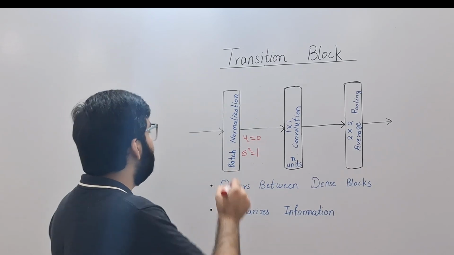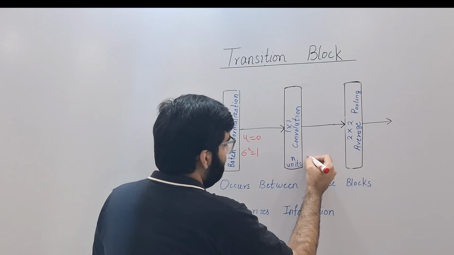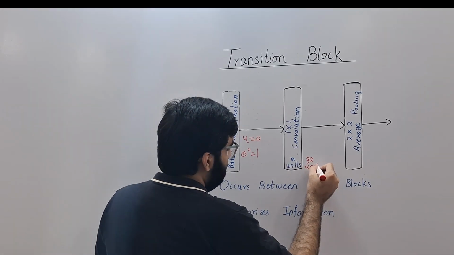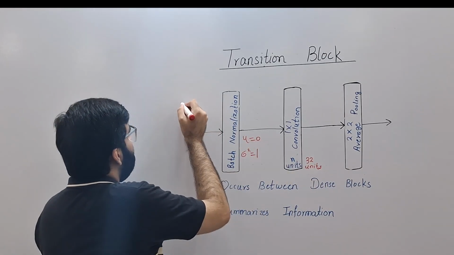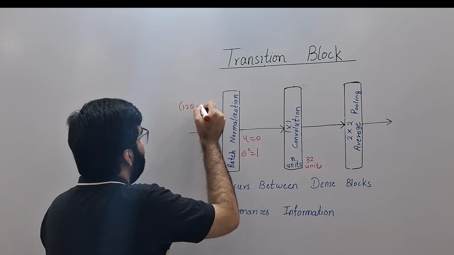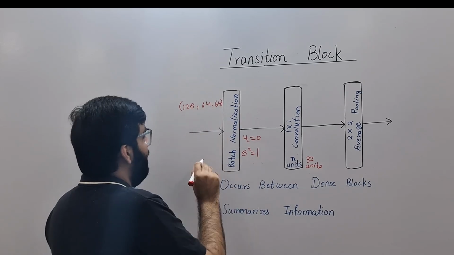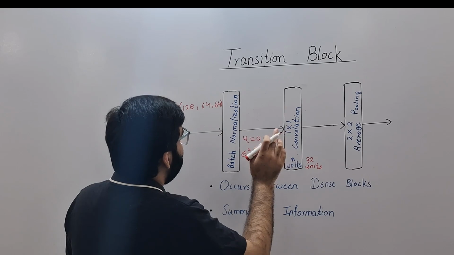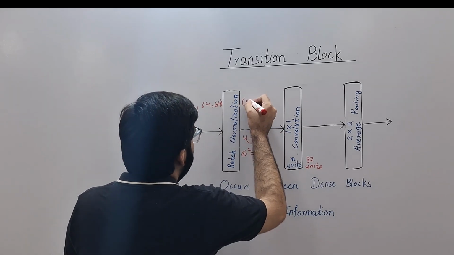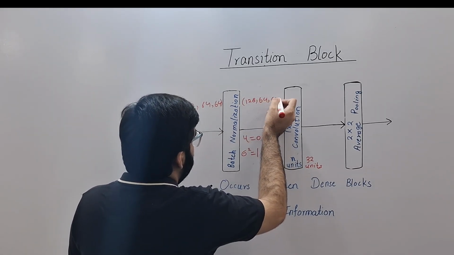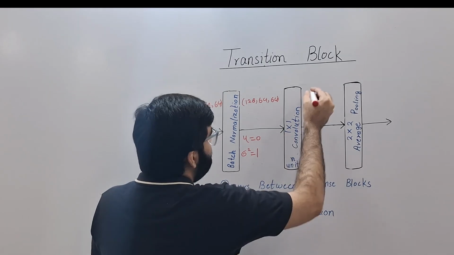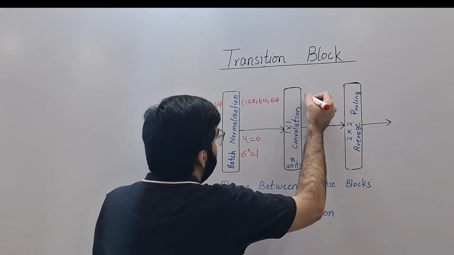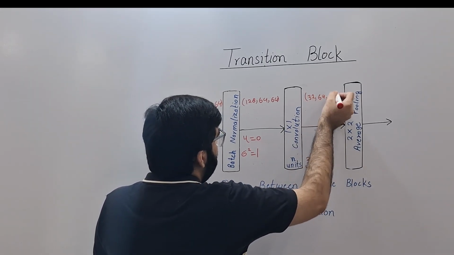For example, there are 32 units here and the dimensions of an input are 128, 64 and 64. As this input passes through the batch normalization layer, the dimensions remain the same. But the convolutional layer will change the dimensions to 32, 64 and 64.